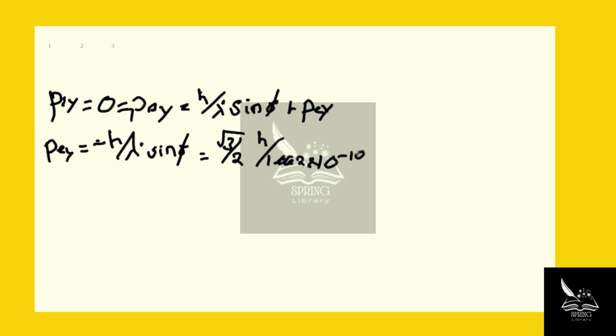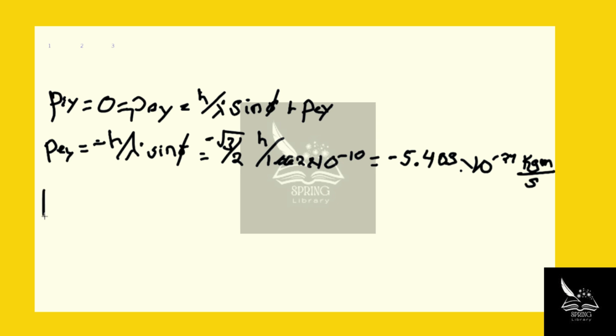And we find finally P e y is negative 5.403 times 10 to the negative 24 kilogram meters per second. Okay, so now we have the momentum of the electron after scattering. We have its x and y components, so we're nearly there. But the problem actually asks us for the magnitude and direction of the momentum, so we need to combine these to get the final answer.